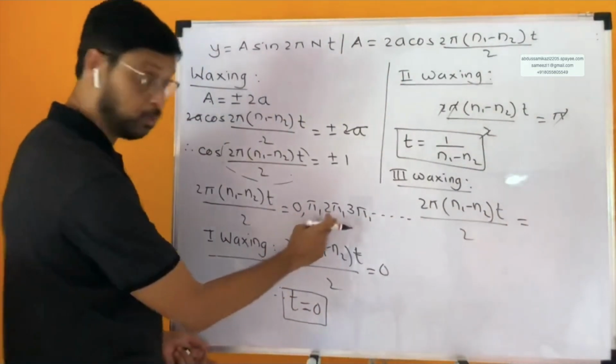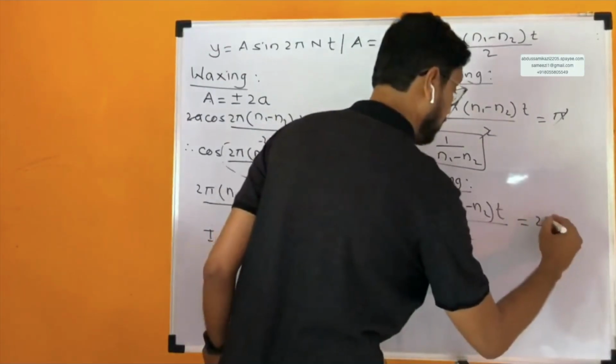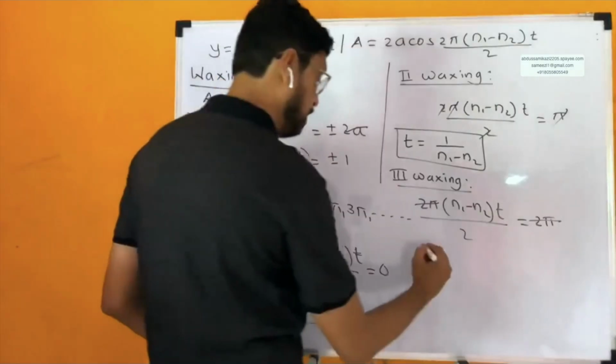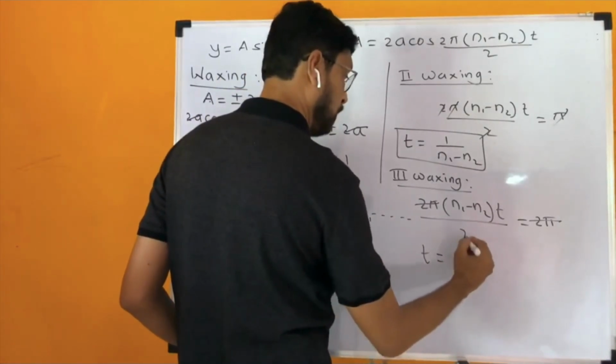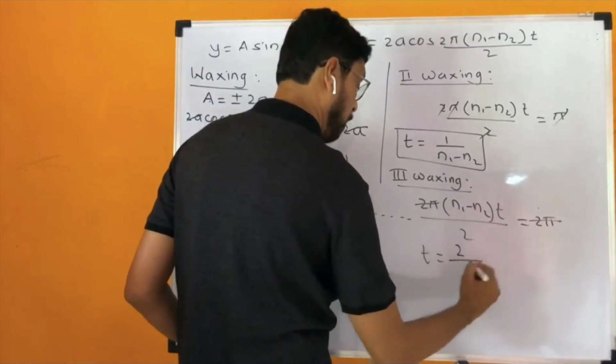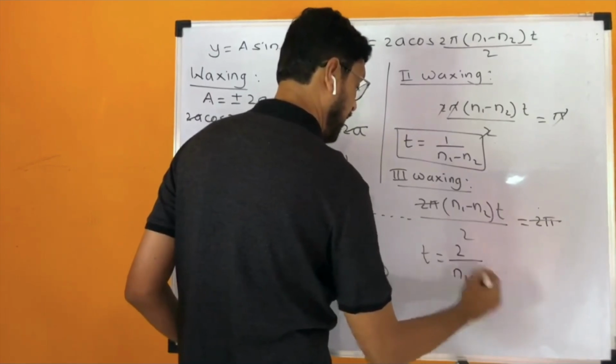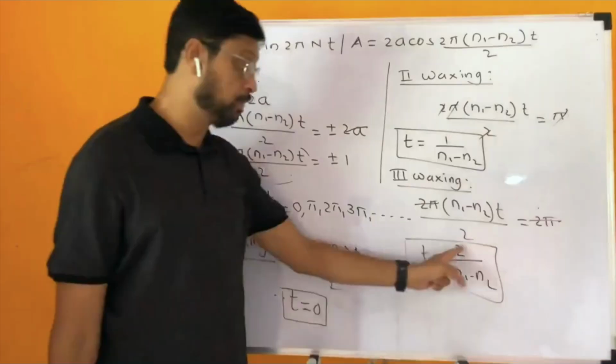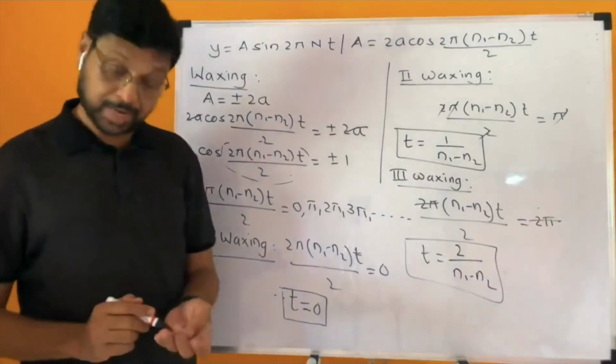Pi के बाद 2 pi. So that this 2 pi gets cancelled. Means t is equal to, ये ऊपर गया, 2 upon (n1 minus n2). Third waxing will occur at t equal to 2 upon (n1 minus n2).